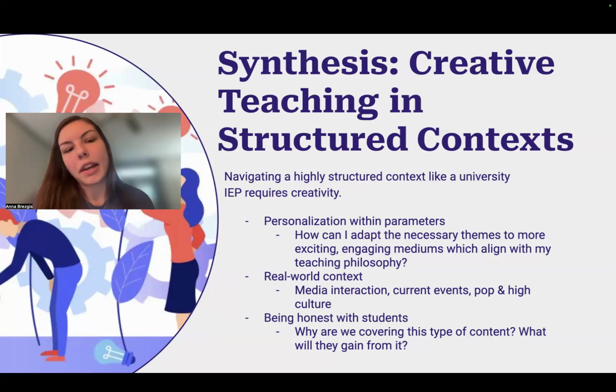I also want to do this by being honest with students. I want students to know why we're covering the content we are and what they may gain from it. Because I think knowing what's going on is part of agency and empowerment. The more information you give people, the more informed they are.